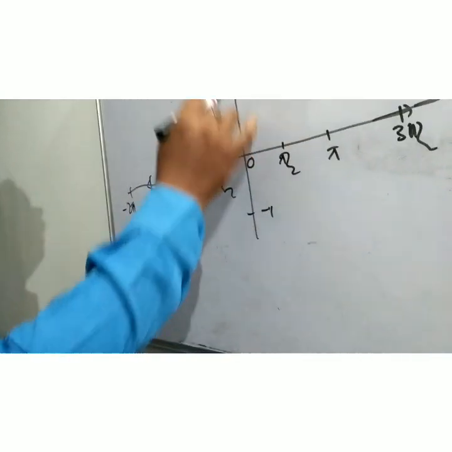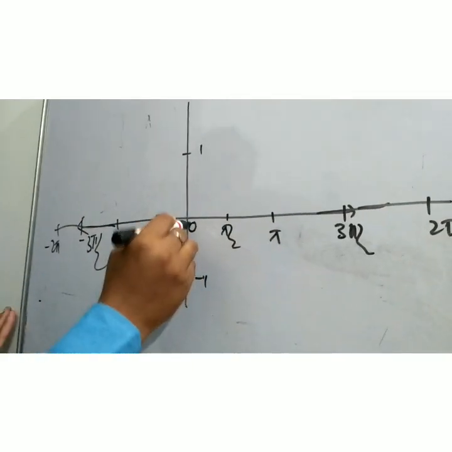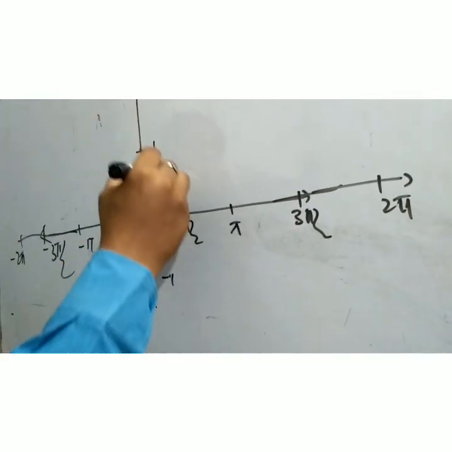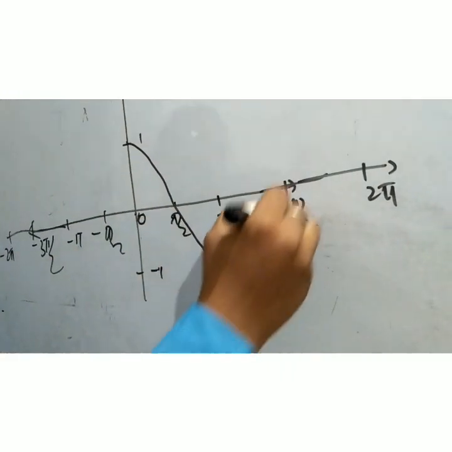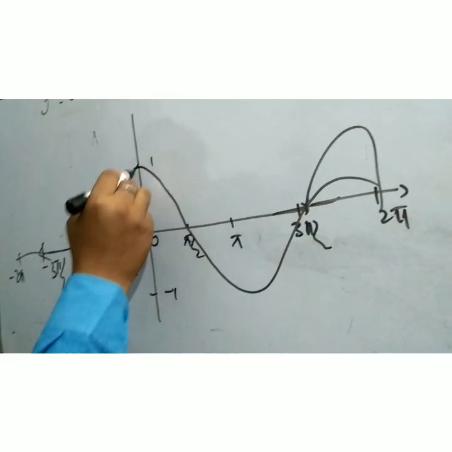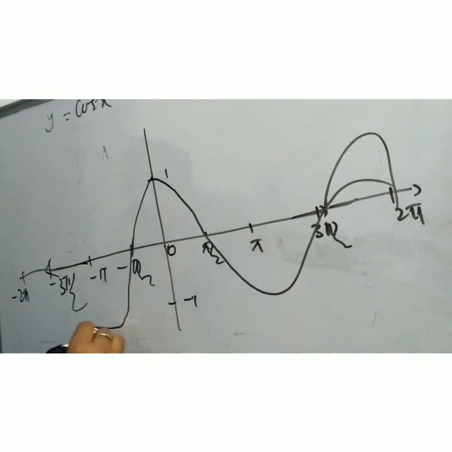So in this case y is equal to cos x, at 0 it is the highest value 1, then at pi by 2 it is 0. Similarly for the other cases.